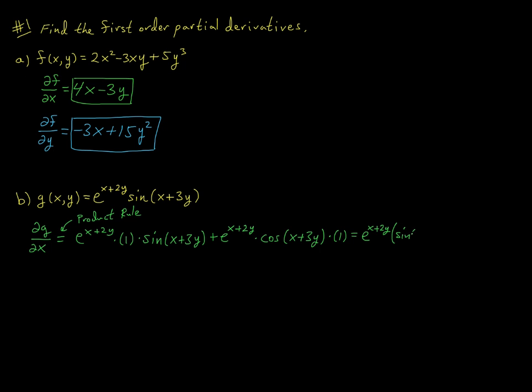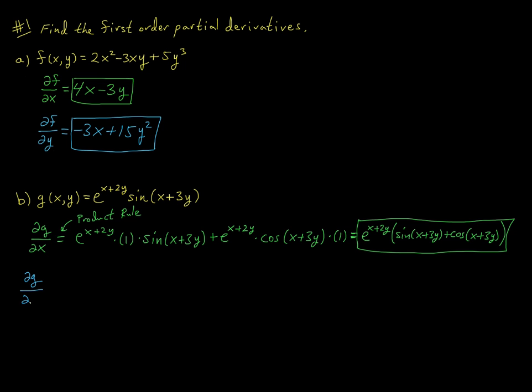So I'll get the sine of x plus 3y plus the cosine of x plus 3y. Okay, so this right here would be our x derivative of g. Okay, cool. So now let's go ahead and compute the y derivative.